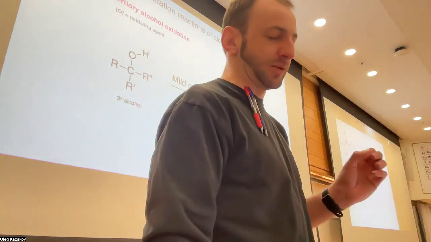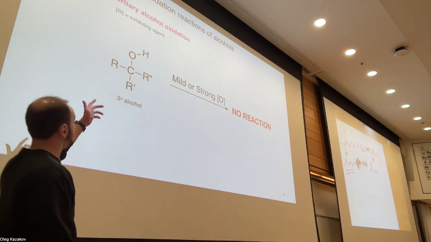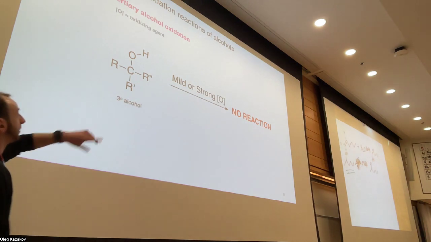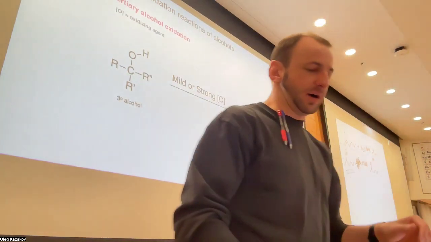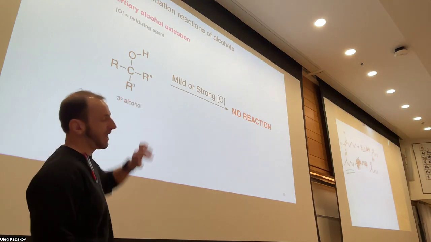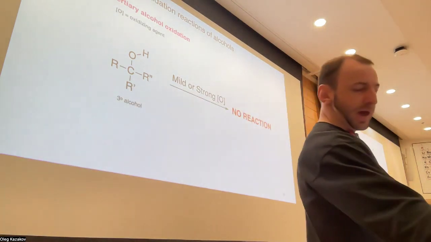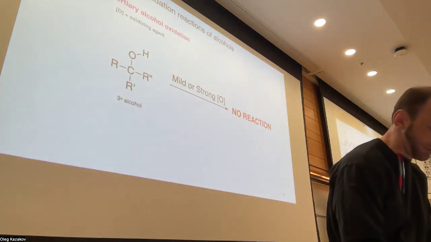But now let's take a look at some cases when you don't have the reaction, because it also can happen. That's when you have the tertiary alcohol. The reason here is that if you try to oxidize it, you would remove the H from the OH group, and as a result you are going to form something like that.